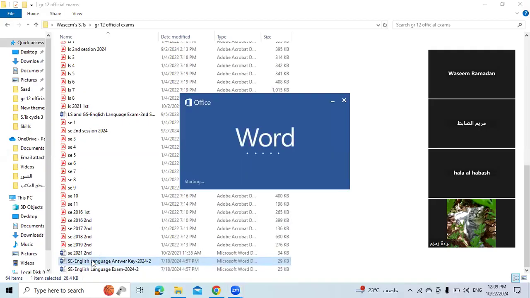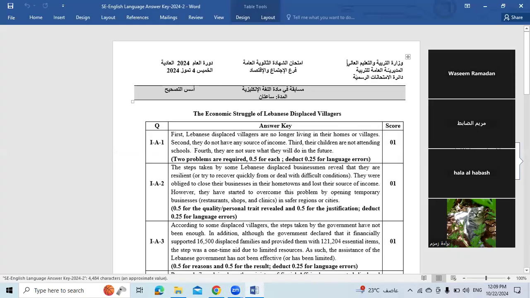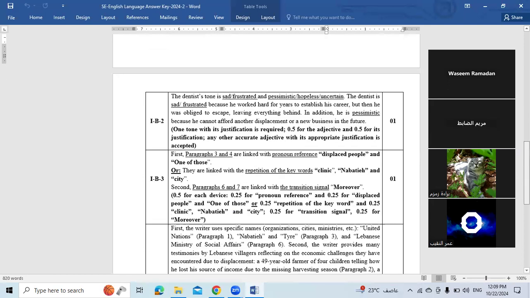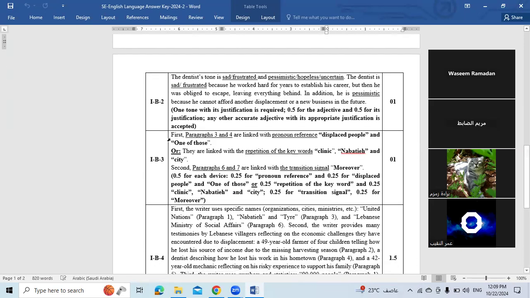Yes. I'll show you the answer key before we stop recording. Okay, let's go to the answer key. You see, paragraphs 3 and 4 are linked with pronoun reference, displaced people, and one of those. This is how you answer. Clear? Yes. Okay, 6 and 7 are linked with the transition moreover.